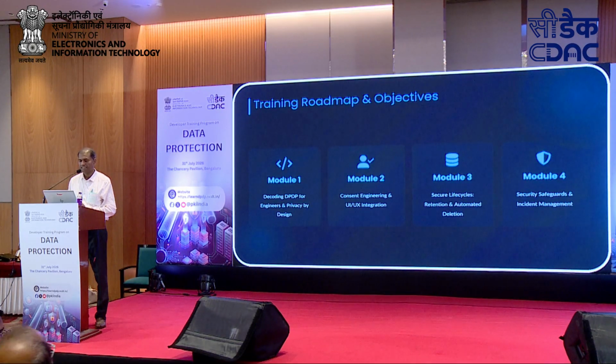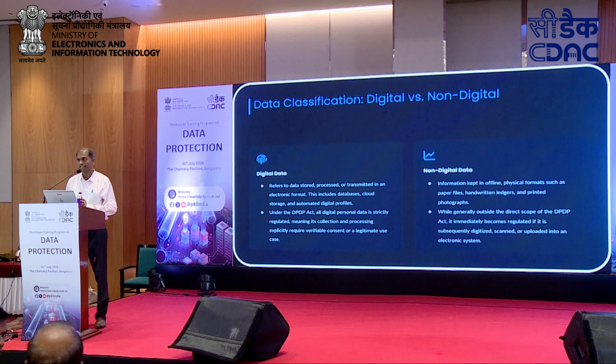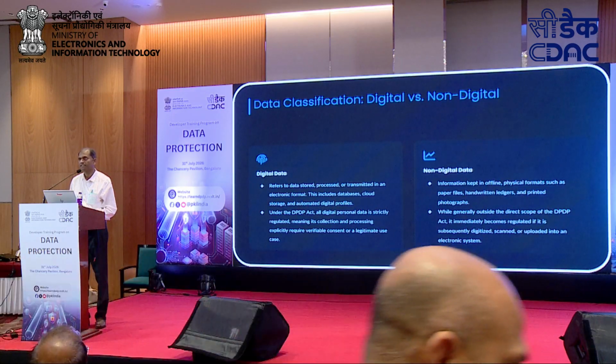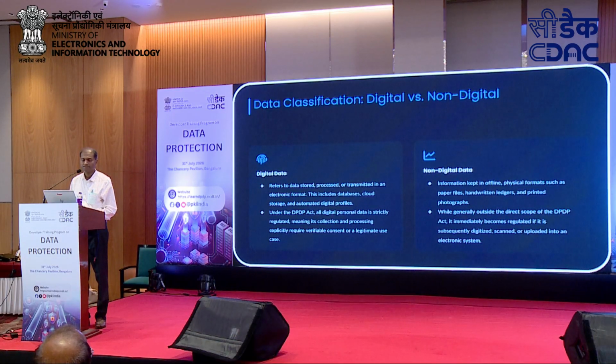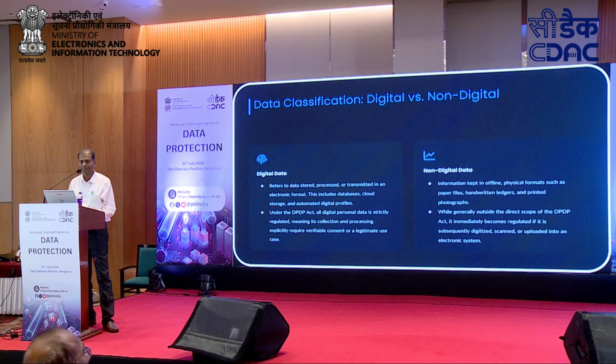First, let me start with the classification of data. As far as DPDP is concerned, there is a clear distinction between digital data and non-digital data. Digital data, all of us will know, is data which is stored, processed or transmitted in electronic formats. The data can be in databases, cloud storage and other digital profiles.